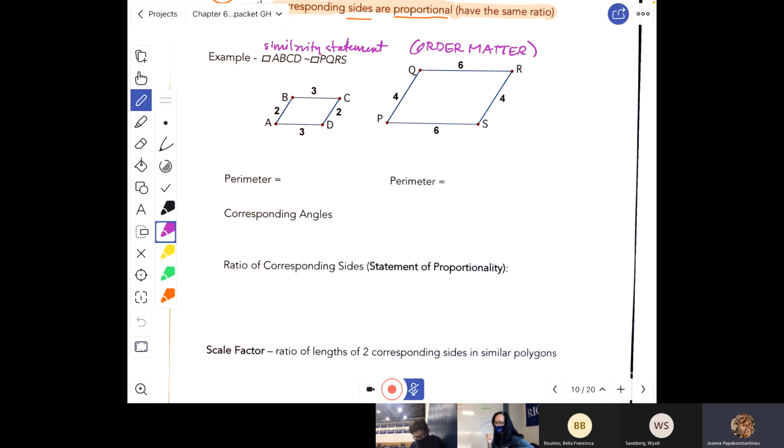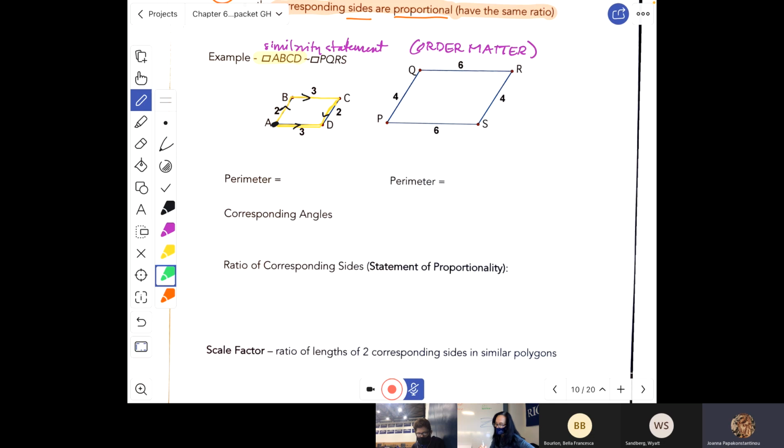In your first polygon, quadrilateral, you have A, B, C, D. I am starting at this corner, going up to the right, down into the left. So the order that I'm traversing the perimeter is this order. I'm starting here and I'm going this way.